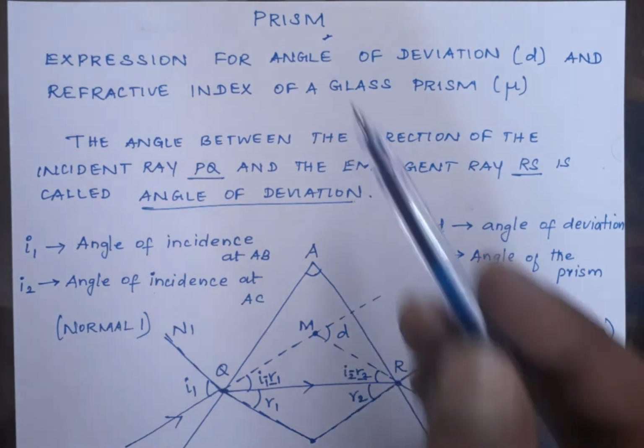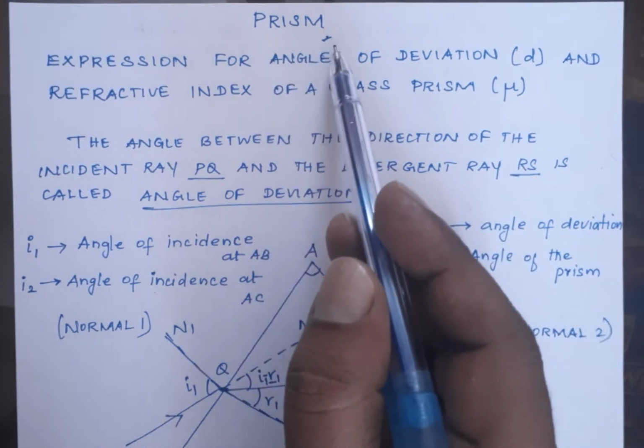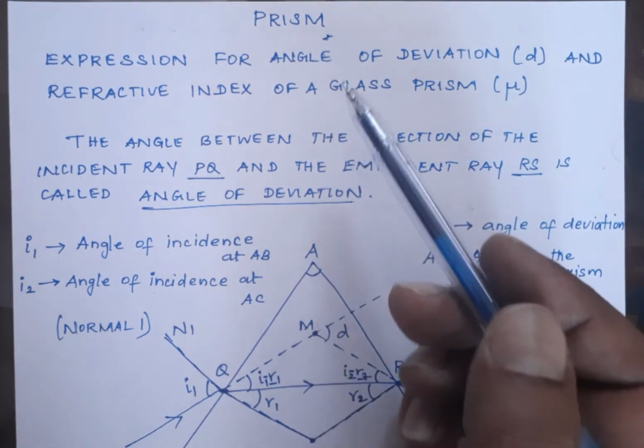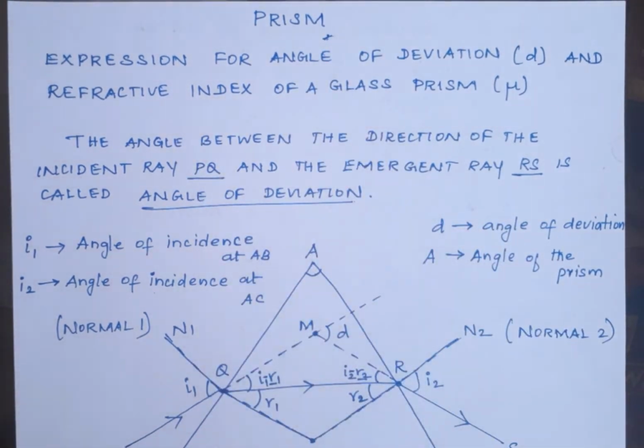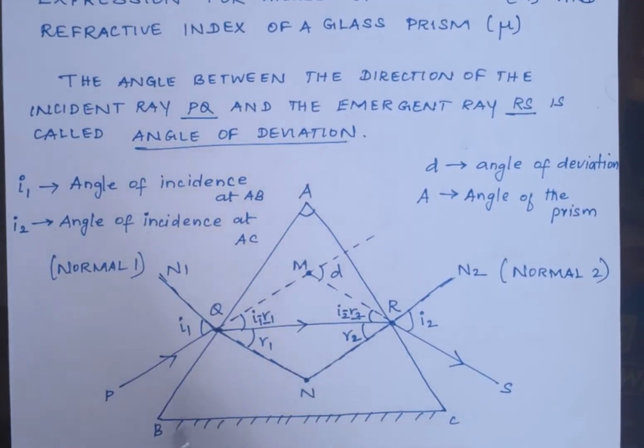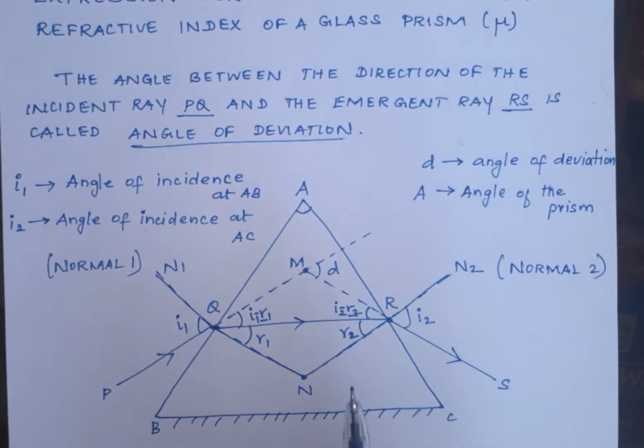Prism is an optical device made up of glass which has three faces A, B and C, out of which AB and AC, these two faces, are two refracting surfaces.